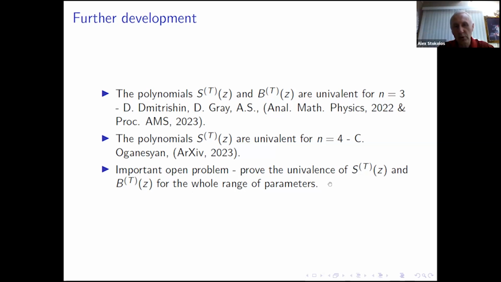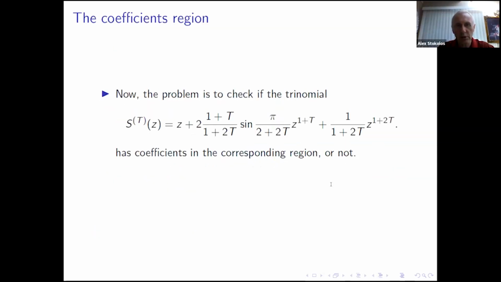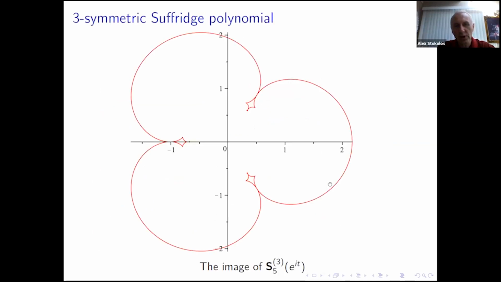The problem is that these polynomials are very extremal, and let me show you why. If you look at the image, you see cusps on the boundaries, right? A cusp means that the roots of the derivative are on the boundary. And we know the root of the derivative cannot be inside the region.